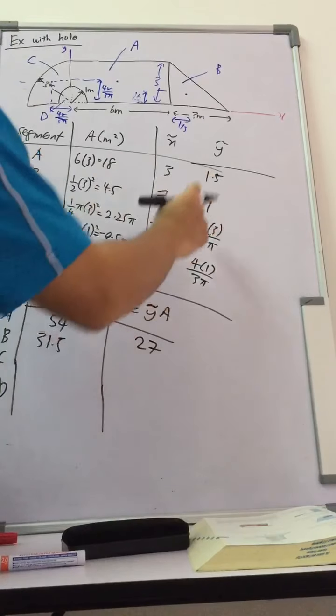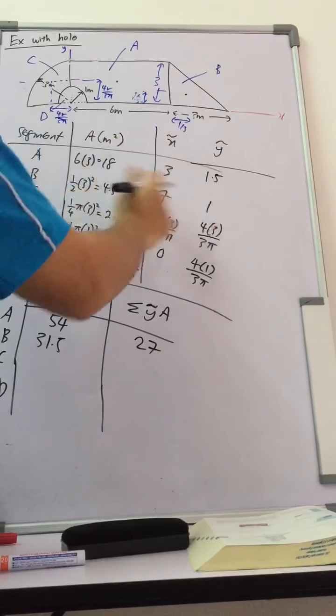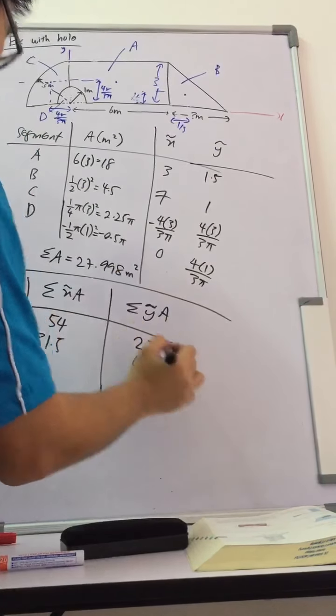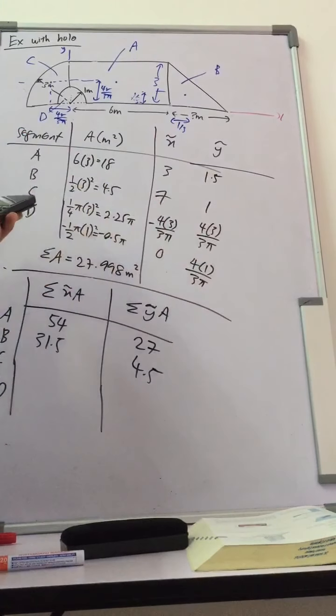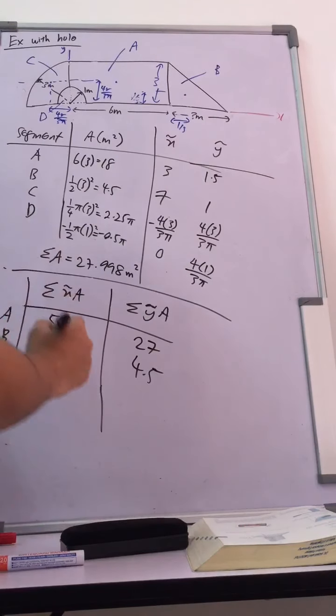And 1 times 4.5 for y tilde A, you get 4.5. And C is minus 4 times 3 divided by 3π, times 2.25π. So the π will be cancelled out actually. So it is minus 9.